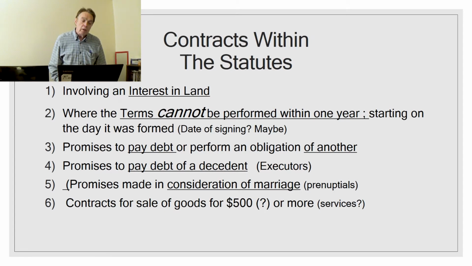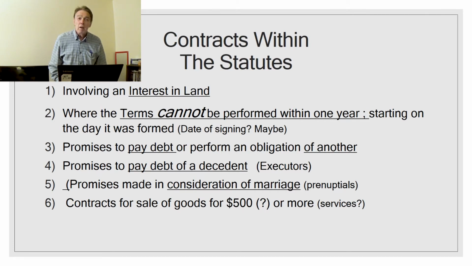And a second one is where the terms cannot be performed within 1 year, you need to have a writing. And so that 1 year starts on the day it was formed. The day of signing, maybe, because that may not be the date of the formation of the contract. The contract might have been agreed to before that.